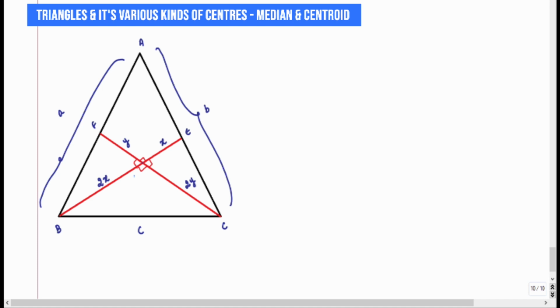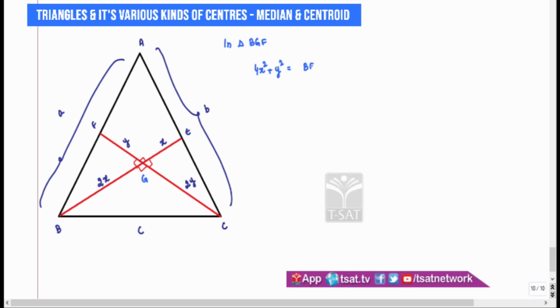Here, in triangle BGF, I would say 4x square plus y square is equal to BF square, or else A square by 4 you can say.